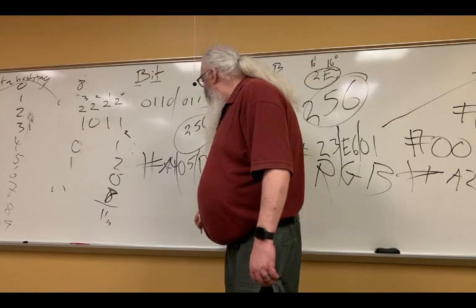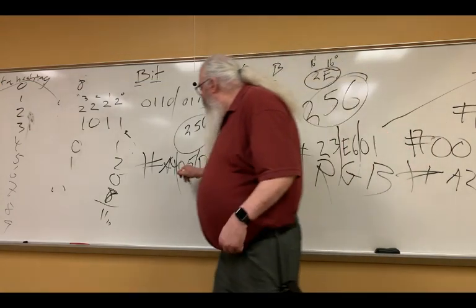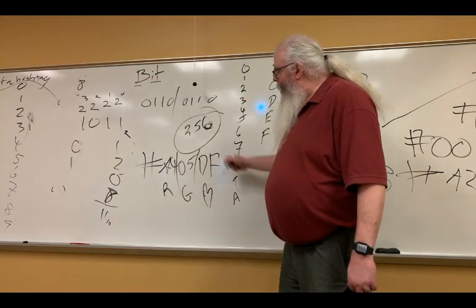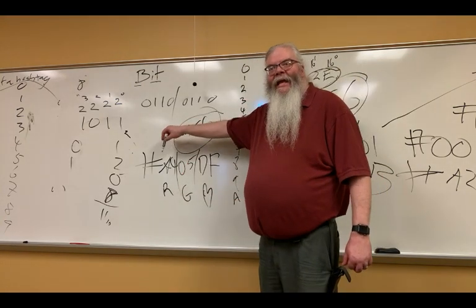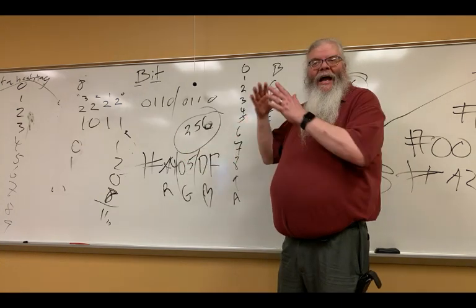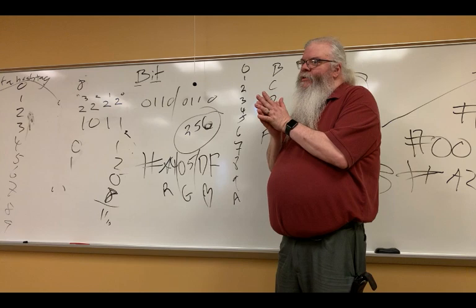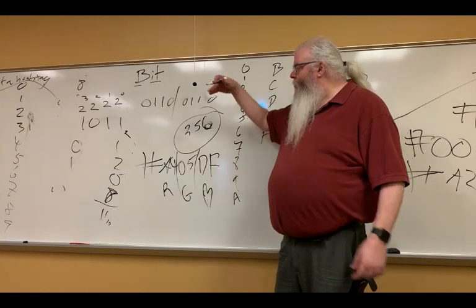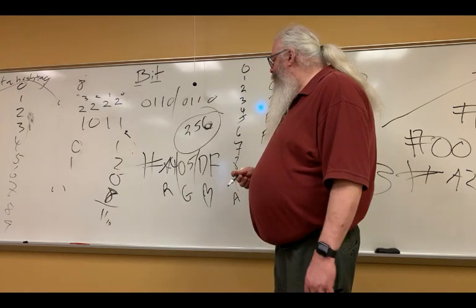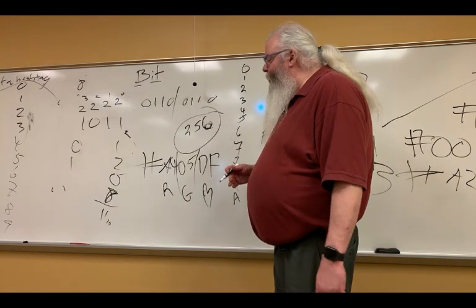Okay, so let's figure out what color this is. We've got RGB, and we look at the red. A is 10, so it's kind of in the middle between 0 and 16, but it's closer to the 16. So this is going to be closer to a maximum value, but it's somewhere in the middle.